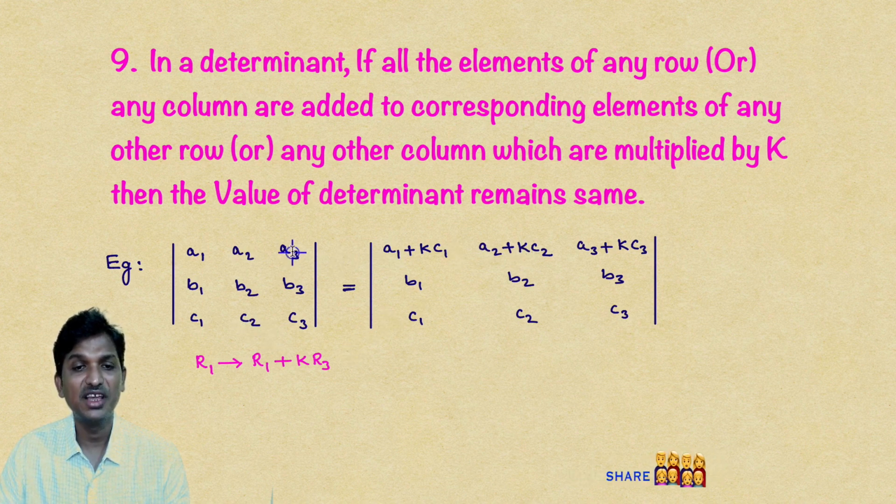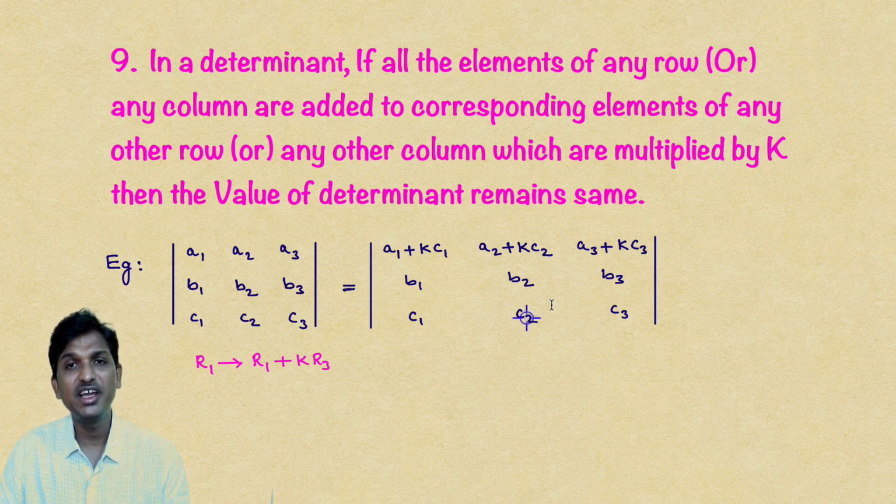I hope you are understanding. a3 plus k c3. After applying this operation, you are getting a determinant now. The value of this determinant and the value of the original determinant both remain same. Try to understand this. So what is this ninth property? In a determinant, if all the elements of any row are added to corresponding elements of any other row, which are multiplied by k, then the value of the determinant remains same.